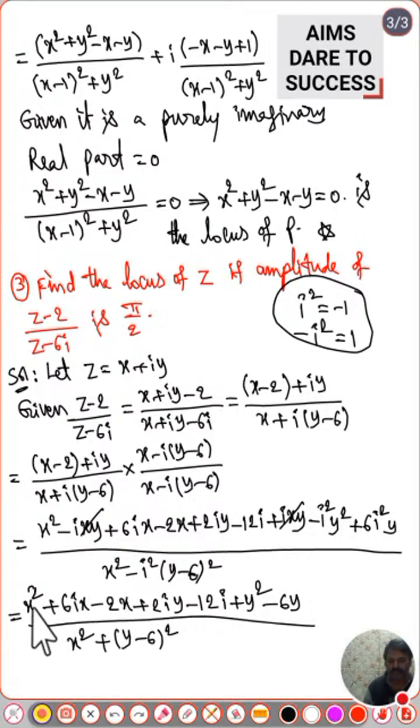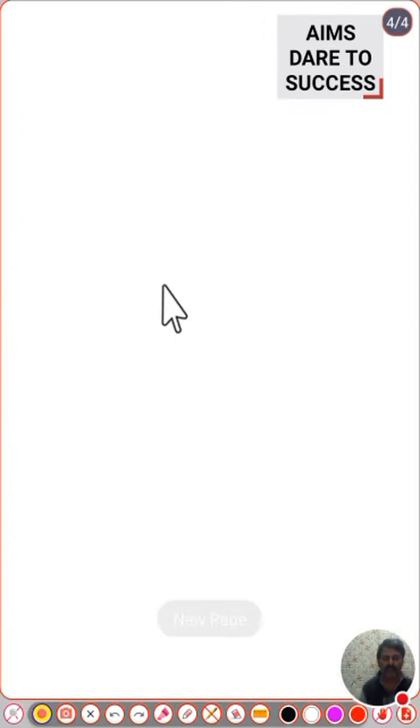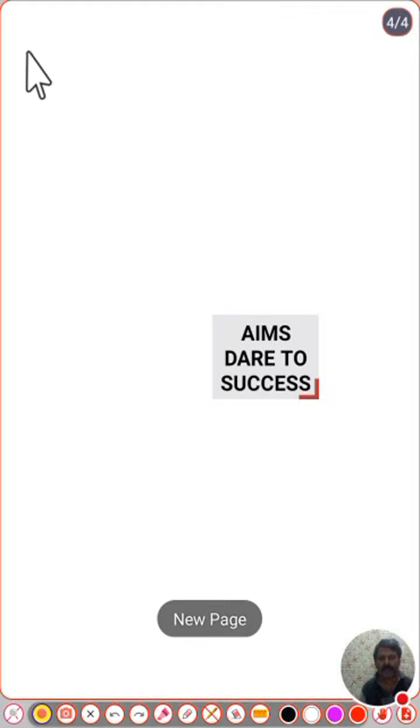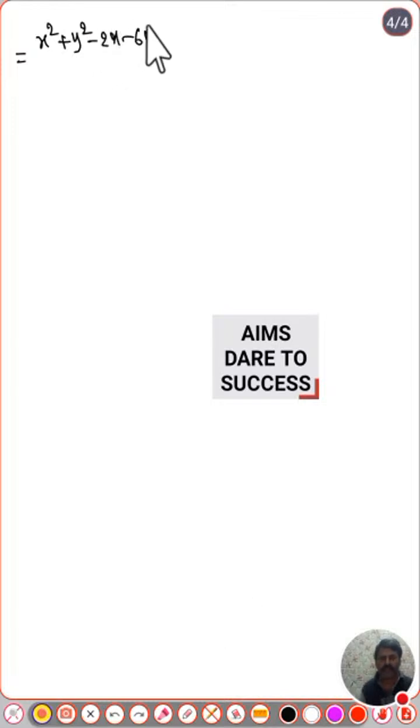My dear, here the real part and imaginary part you can split. X square plus y square minus 2x minus 6y. Okay, now I am splitting the real part as well as the imaginary part individually. Real part: (x square plus y square minus 2x minus 6y) divided by (x square plus (y minus 6) whole square), plus from the imaginary part we can take i common.